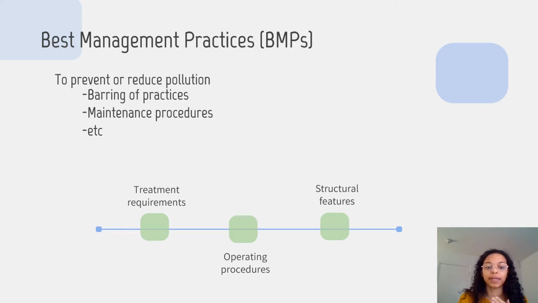Some types of BMPs include treatment requirements for materials before they're disposed, certain operating procedures to prevent the creation of the pollutants, as well as structural features, so physical things like barriers, dams, fences, anything that will block the sediment or pollutant from reaching the waterways.